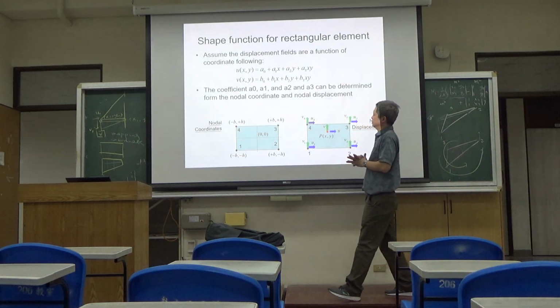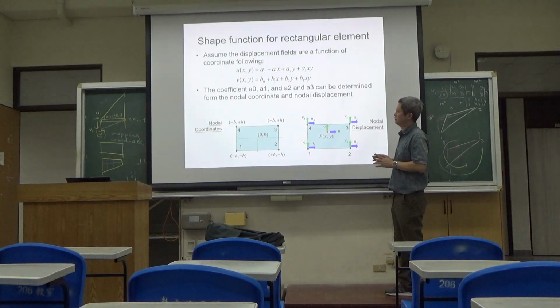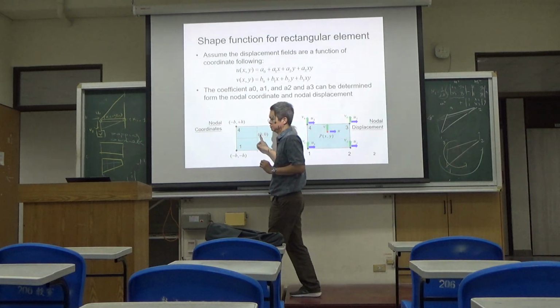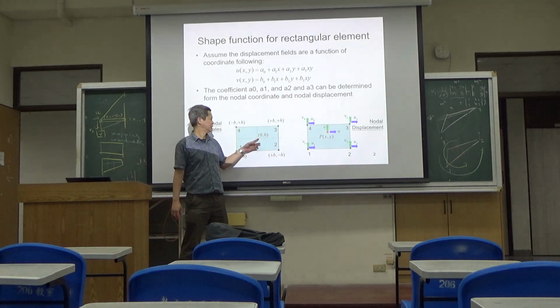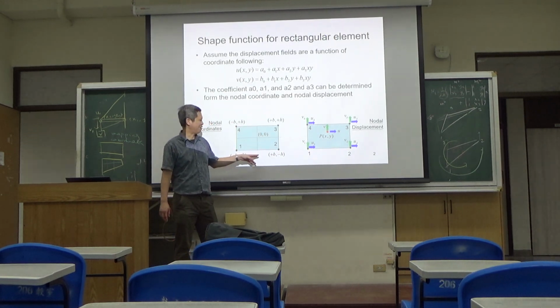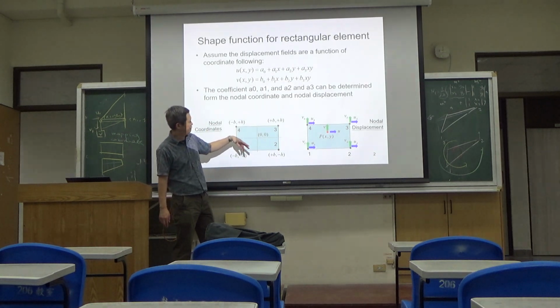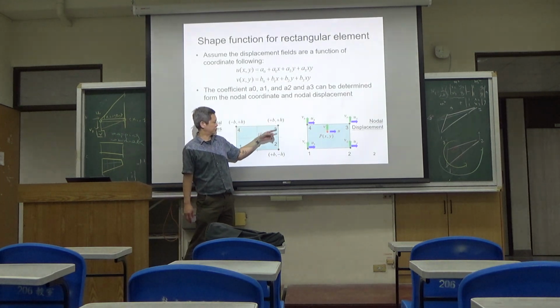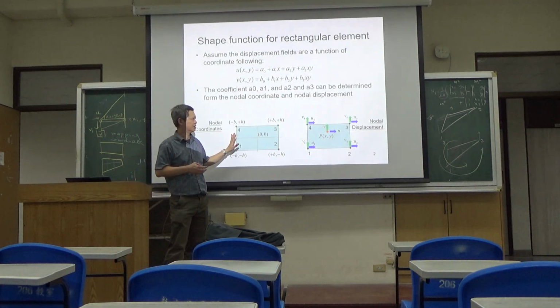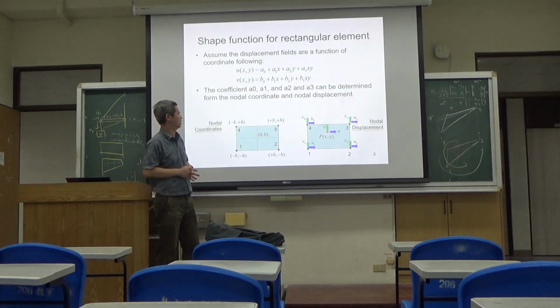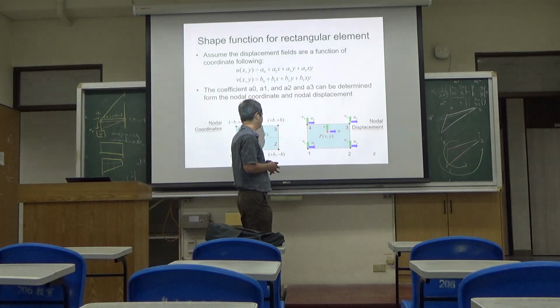In this case, the definition of the rectangular element will have its origin at the center. You're going to have the width from minus b to b, and the height from minus h to positive h. So this is the element we define.